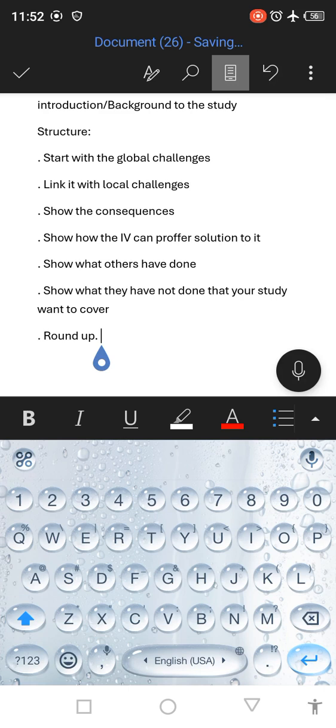That is, you've known what others have done. What is it that they've not done that you want to do in your work? And we've talked extensively in our previous video on how to identify a gap in literature. This is where the gap is going to come into play now in your chapter 1. You need to show what they've done and what they are yet to do that your own study wants to cover. And then you're going to round up.